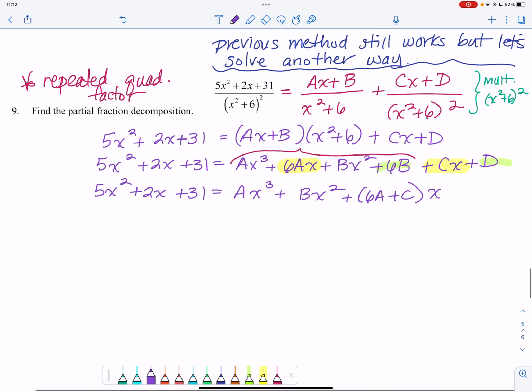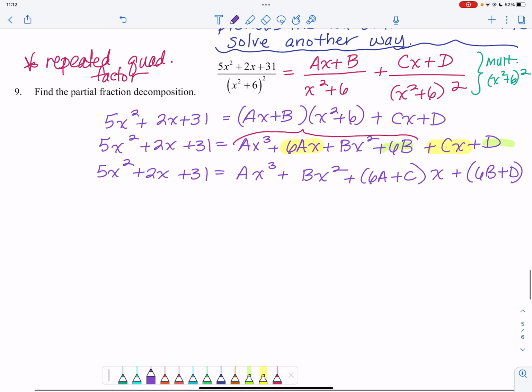And then our constants are 6b plus d. So let's talk about this. 31 must be equal to 6b plus d. 5 must be equal to b. And 2 must be equal to 6a plus c.